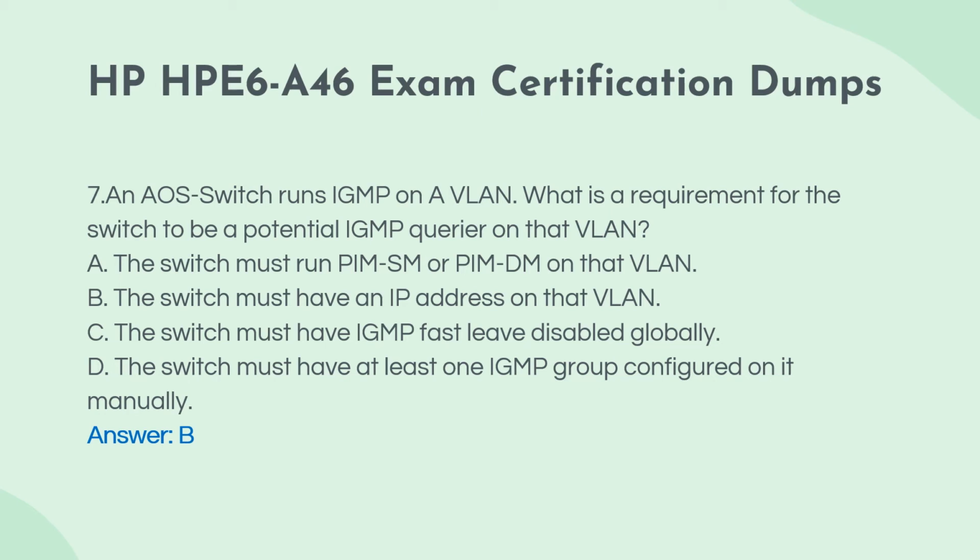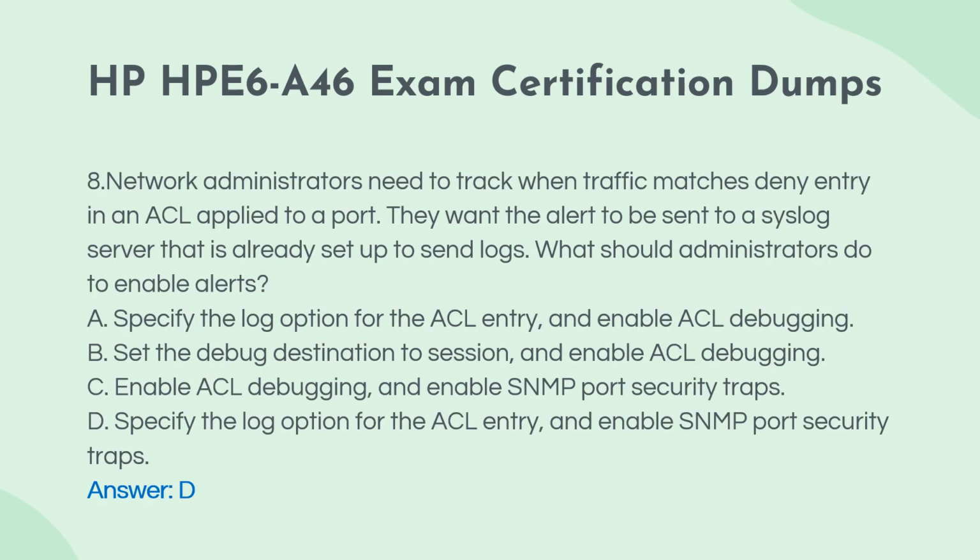C. The switch must have IGMP fast leave disabled globally. D. The switch must have at least one IGMP group configured on it manually. Answer B. 8. Network administrators need to track when traffic matches deny entry in an ACL applied to a port.